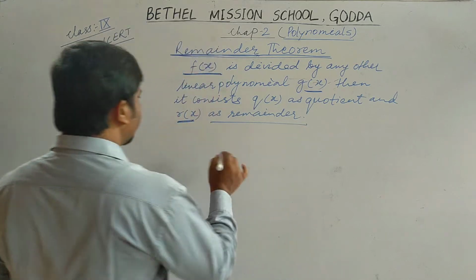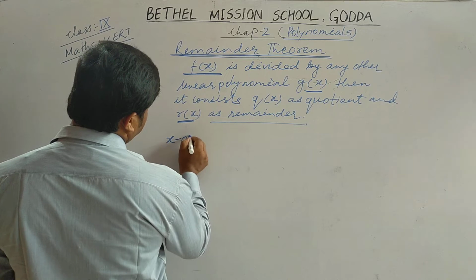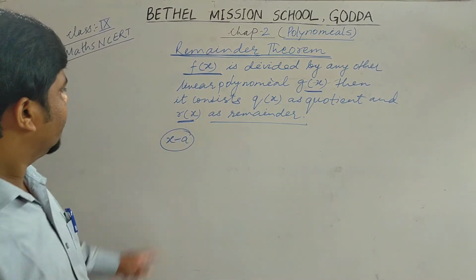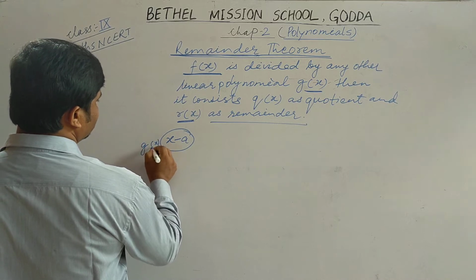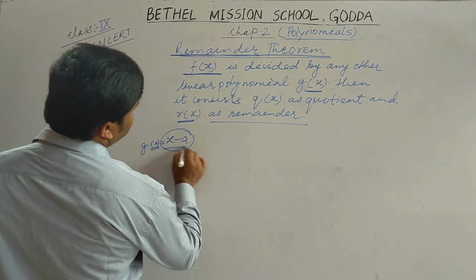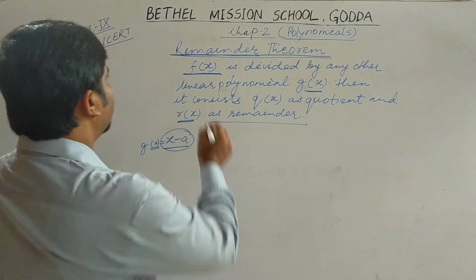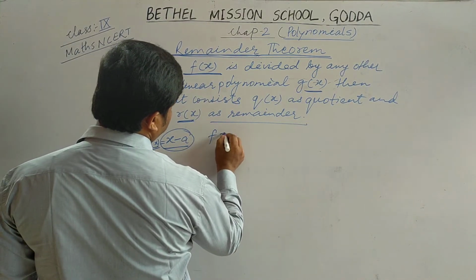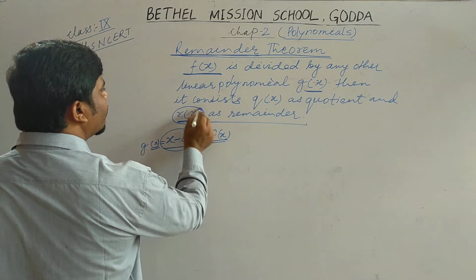So suppose that the linear polynomial g(x) is x minus a. If this x minus a is going to divide f(x), then the remainder r(x) will come.